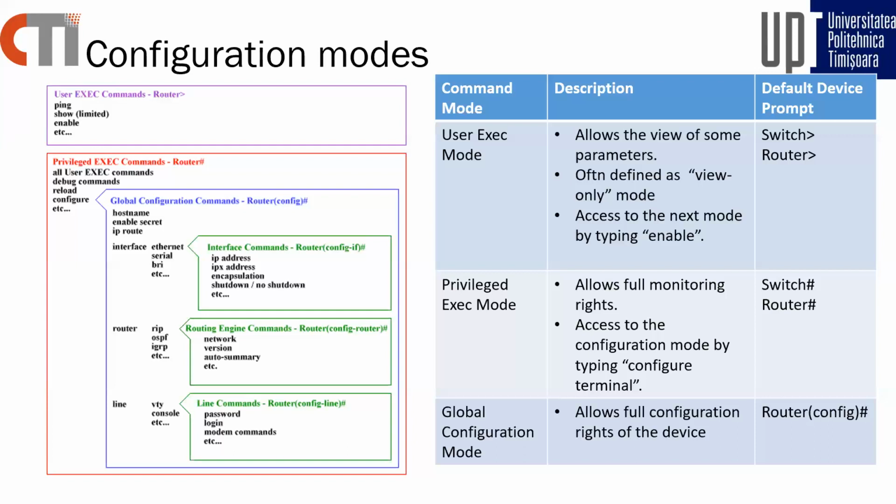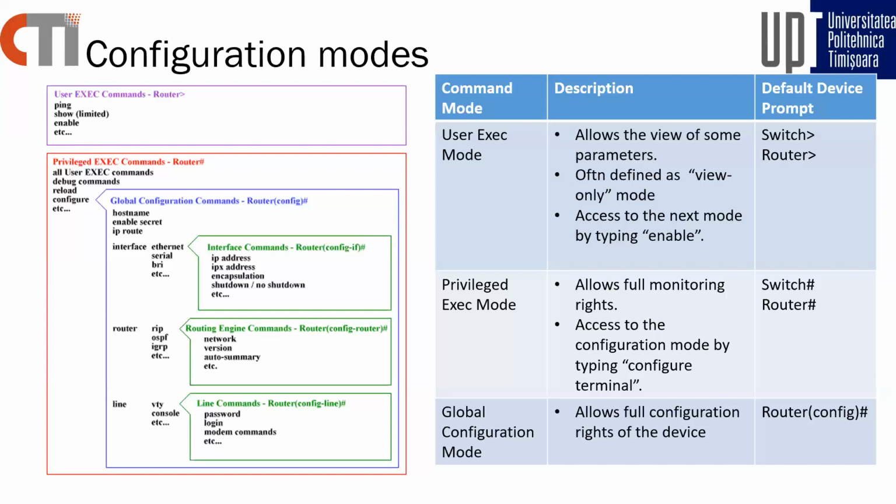So the first mode is considered a view-only mode, and it's called a user exec mode. And as you can see on the left side of the screen, on the user exec commands, we have here ping, show, and enable. The most important thing here that you can see, we are not going to go into what these things actually do, but you see here that the show command is limited.